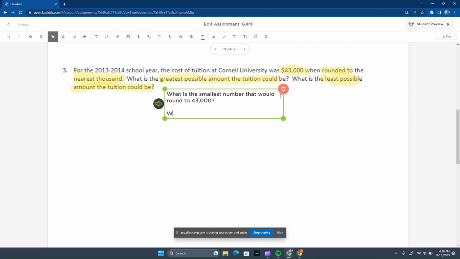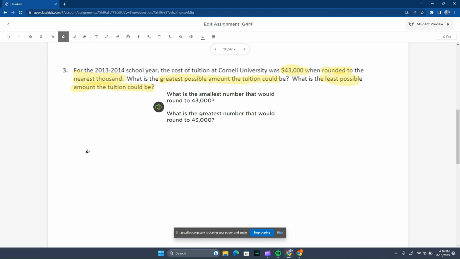And the second part is, what is the greatest number that would round to 43,000? I'm going to try again to use a vertical number line to illustrate this. So if we have 43,000, which is the amount of the tuition here, let's say it's the smallest number.